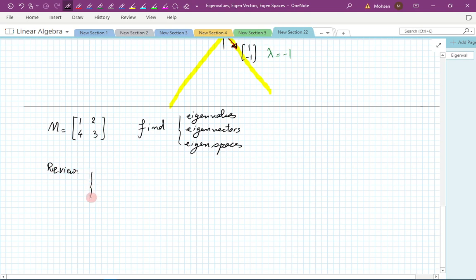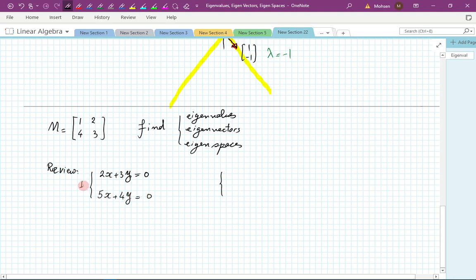I'm going to give you two systems and ask you, tell me what's the essential difference between the two of them. One of them, say, let's write some random numbers: 2x plus 3y equal to 0, and 5x plus 4y again equal to 0.